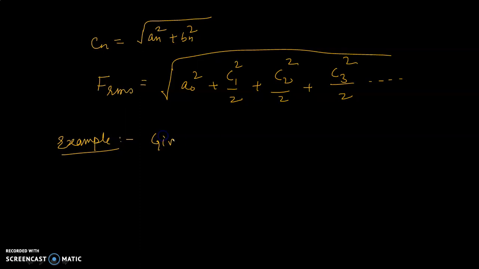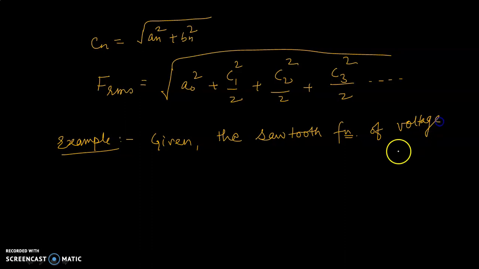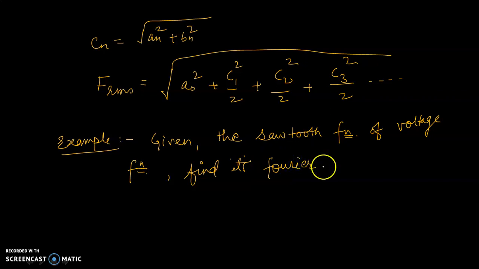Given the sawtooth function of a voltage waveform, find its Fourier series.